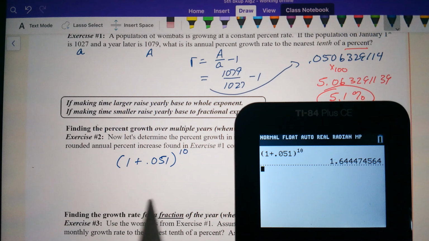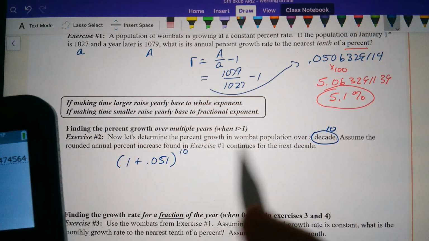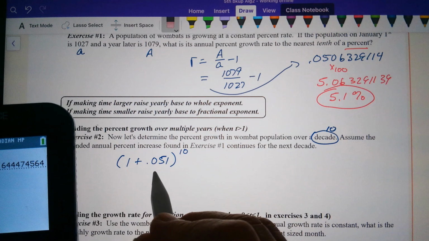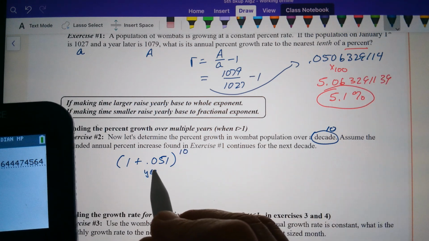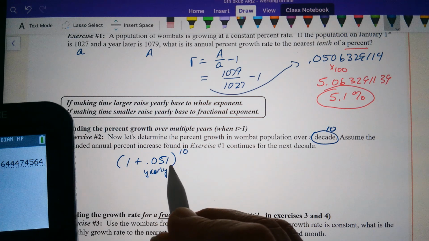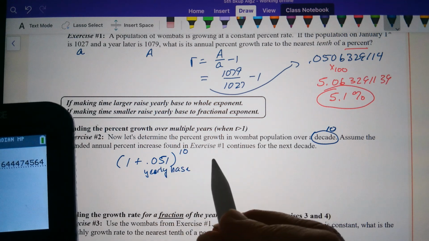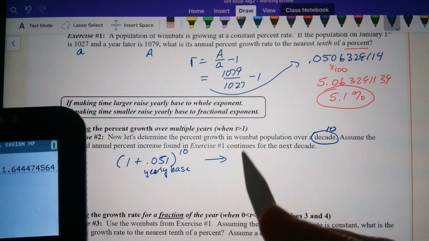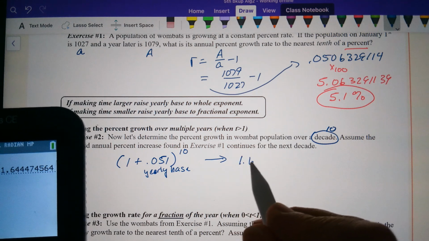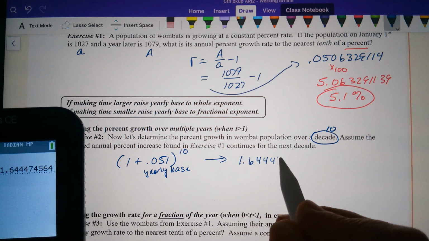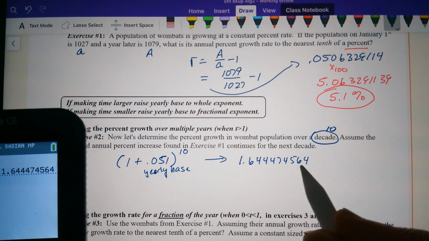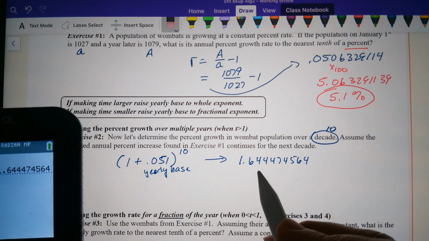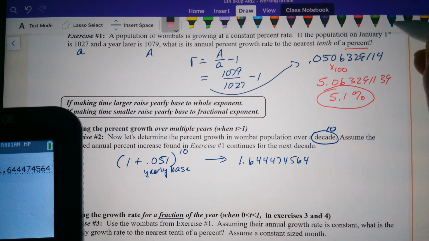So this is our new base for over 10 years. The base we started with was yearly. Now, raising this to the power of 10, 1.644474564. This is our 10-year base.